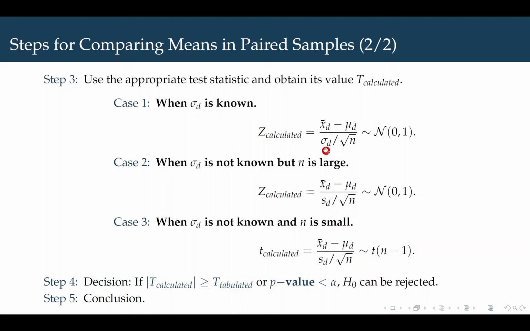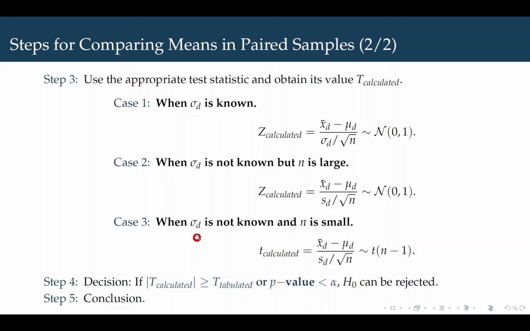So in this case, the population standard deviation is known. We used sigma d, but here the population standard deviation sigma d is not known. Instead, the sample standard deviation of the differences is used.